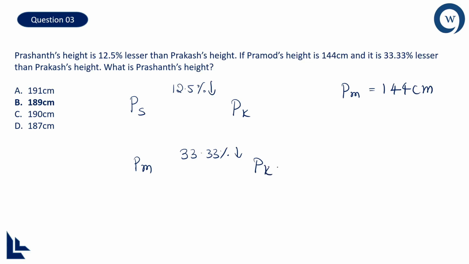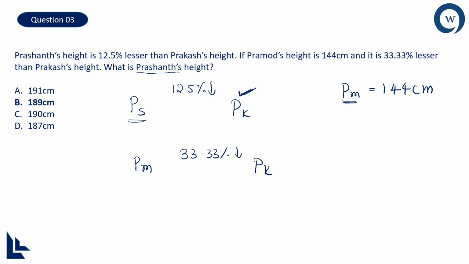And Prakash's height is what you need to find out, because they're asking you Prashant's height, right? And to find out Prashant's height, you definitely need Prakash's height. And Prakash's height can be identified only by taking Pramod's height, because these two references and their relation is already given. And this is how you have to backtrack the question.